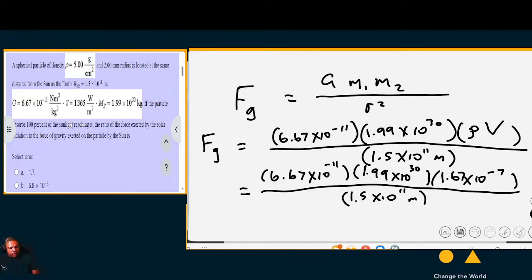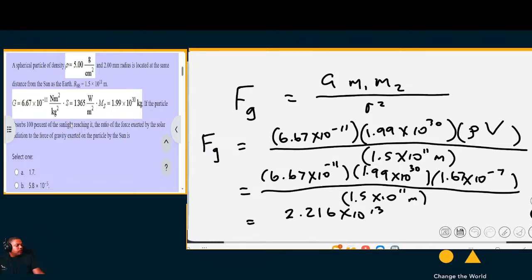And then that answer, if you multiply everything on top, you should get 2.216 times 10 to the 13.